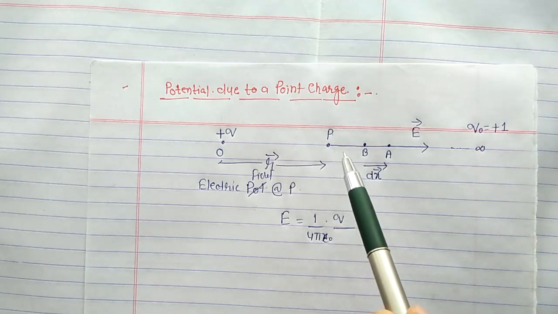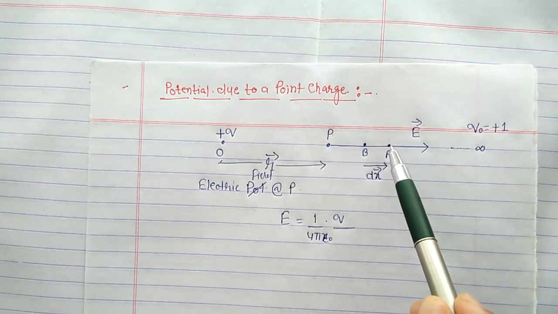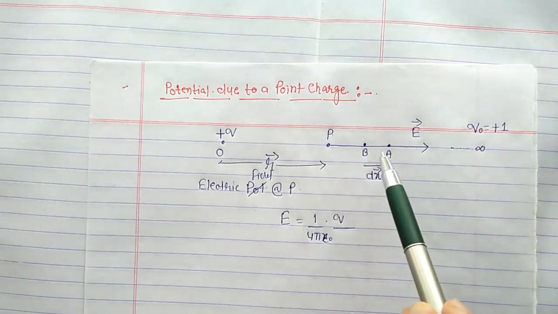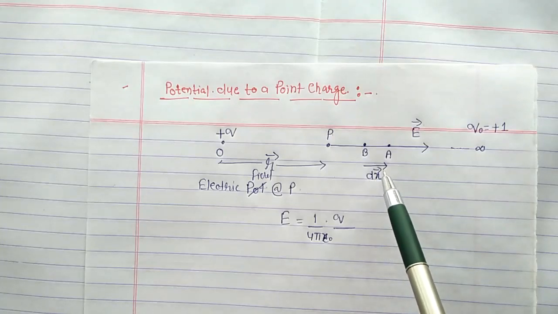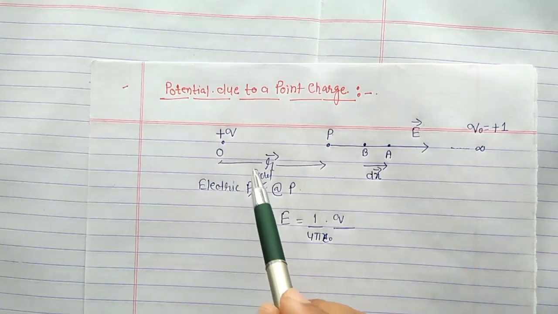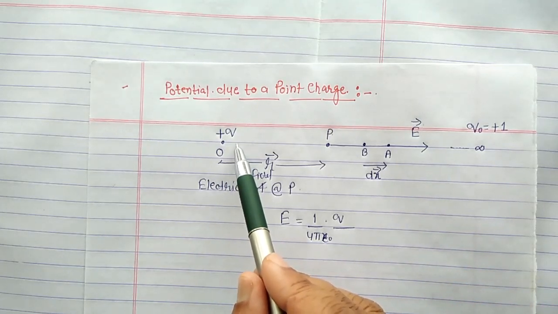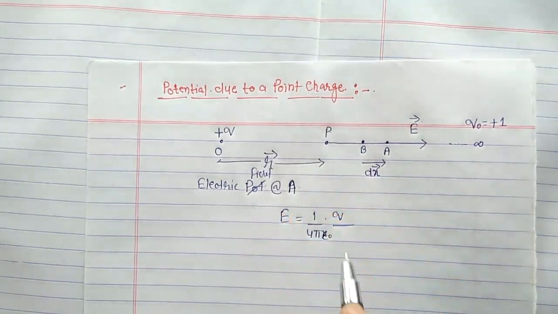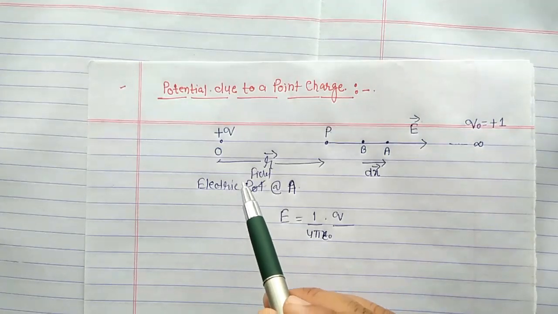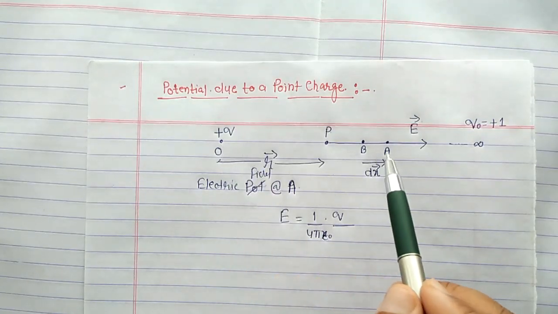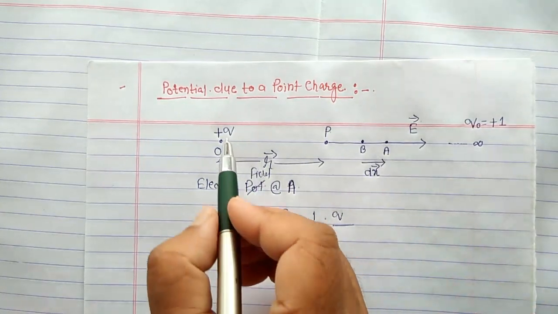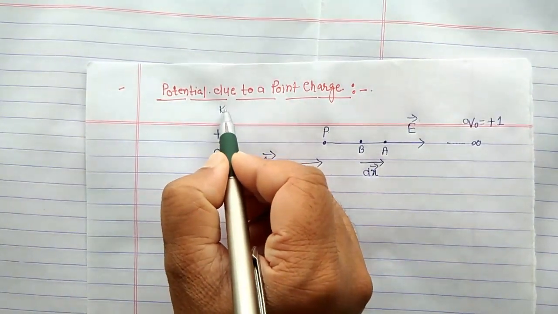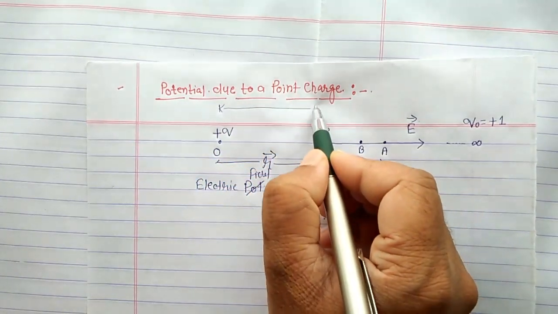So for this derivation, let's consider there are two very close points A and B, such that the displacement between these two points is dx, and the direction of this dx is from B to A. So if we calculate the electric field due to this charge plus Q at point A, and the distance between the origin and the point of observation is x.